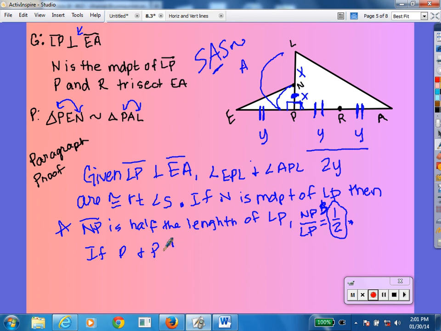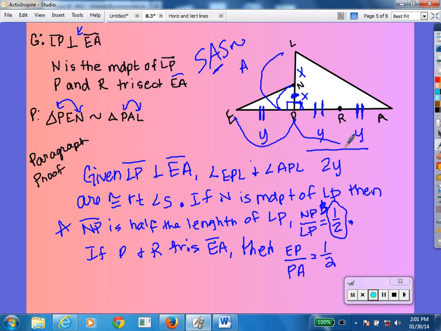If P and R trisect EA, then we could say that EP over PA is also a half.